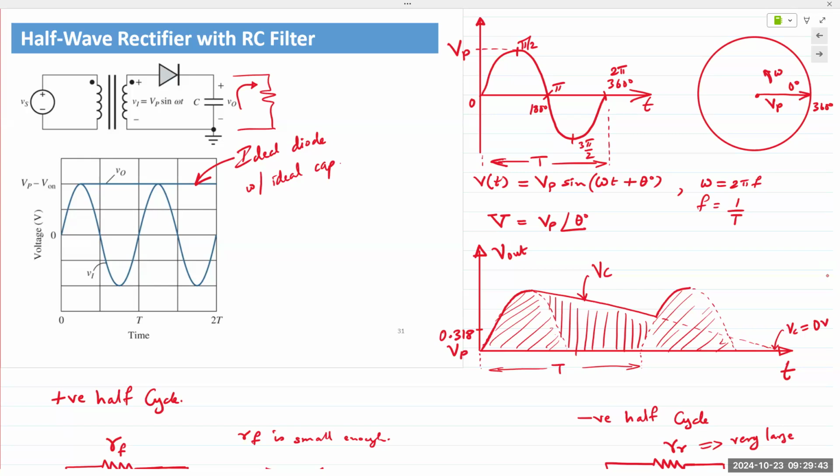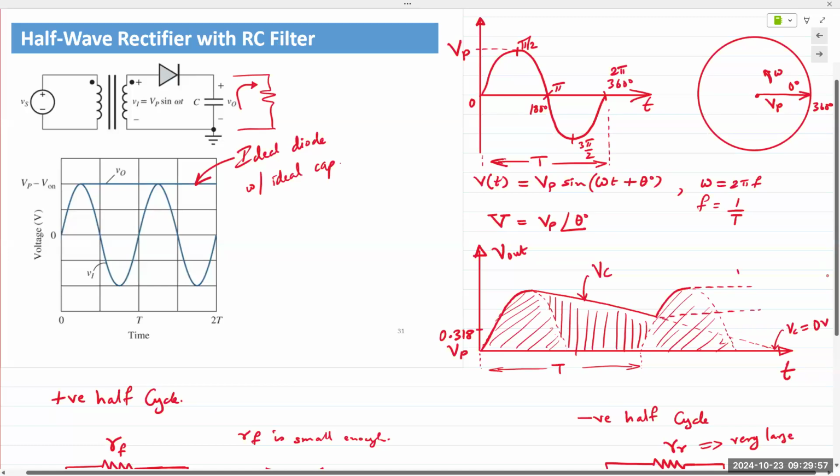However, because it's not an ideal capacitor, it still leaves behind an AC component. It's almost a flat line, but it's like the surface of the ocean.